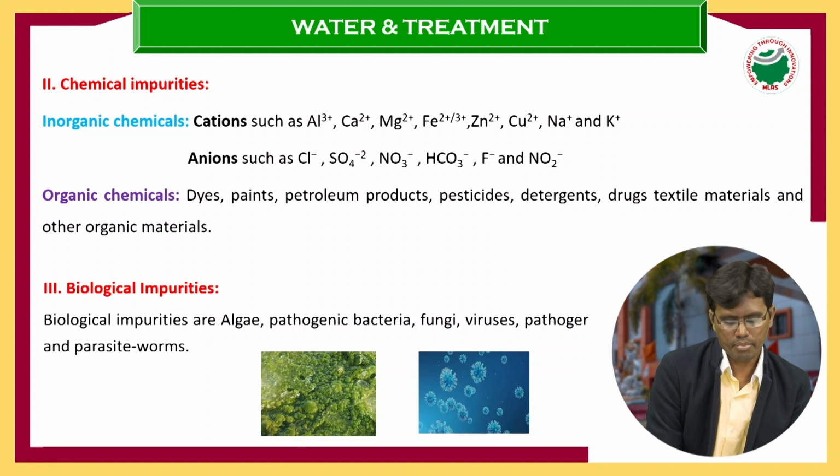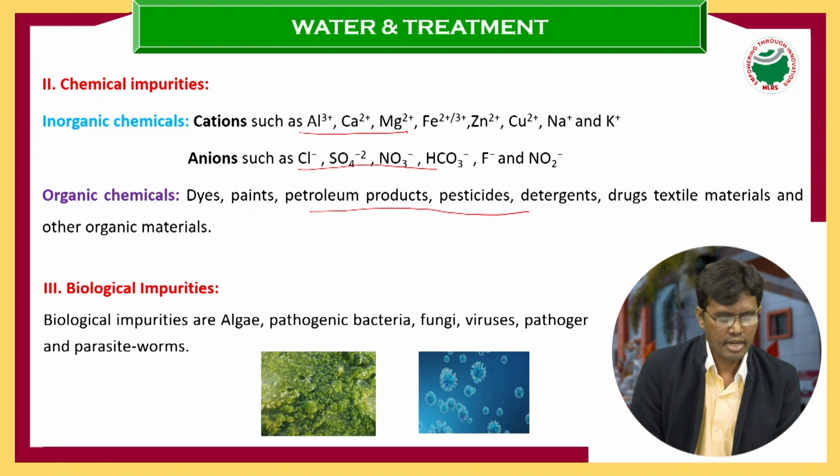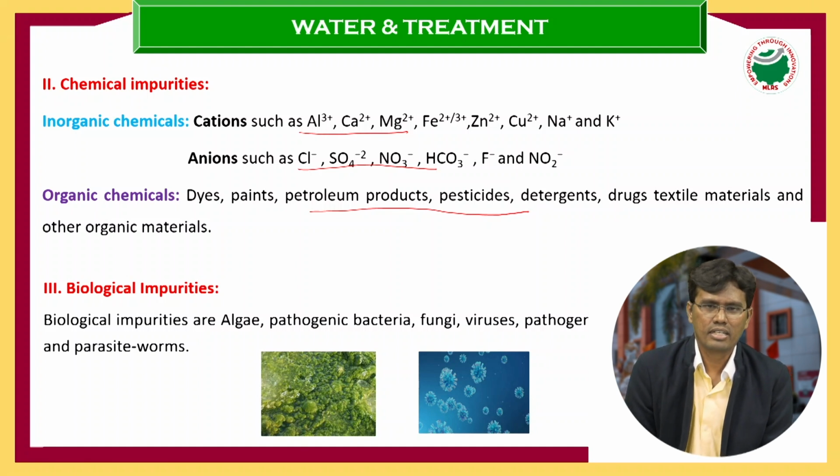So here I incorporated anion, cation and organic related impurities. Next, the final one is biological impurities. Biological impurities mean maybe some living creatures, viruses, bacteria, pathogens, parasite worms, etc. present in the water.